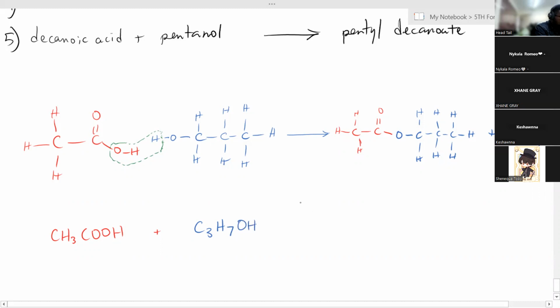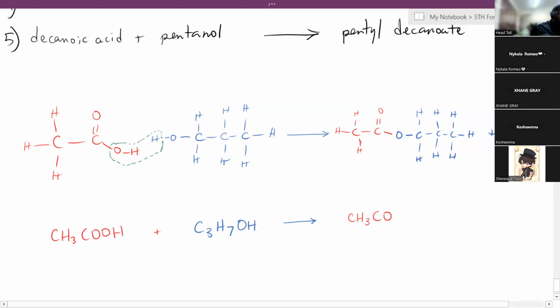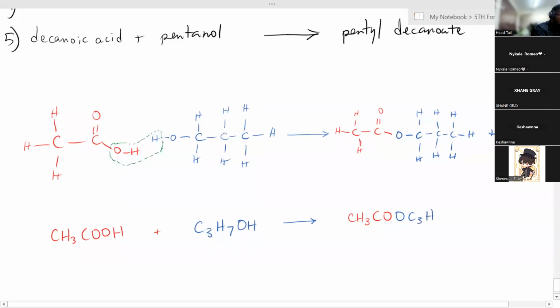And they form, at the end here, CH3COOC3H7, plus H2O, water. This is basically what happens in all the cases.